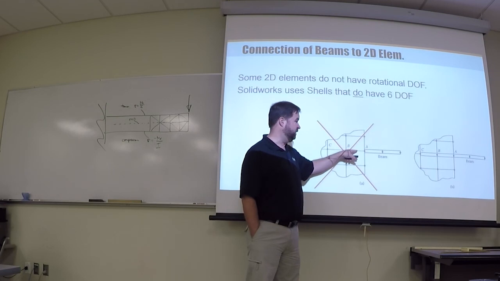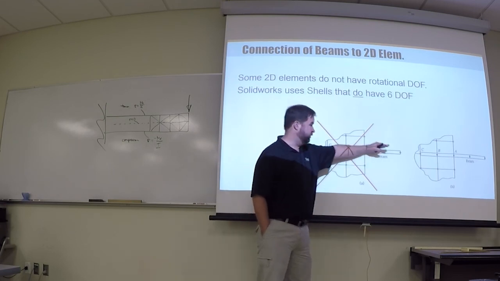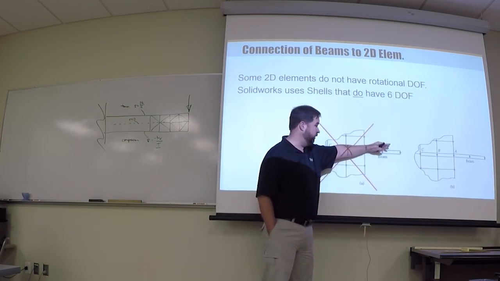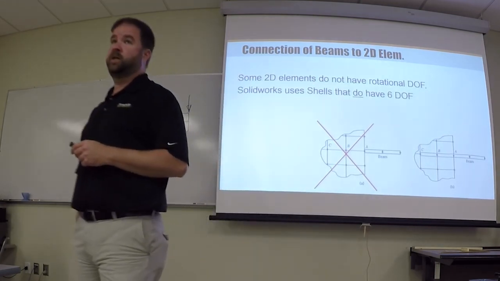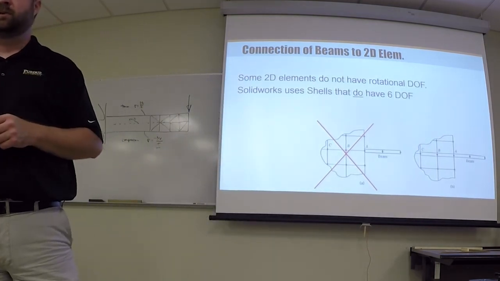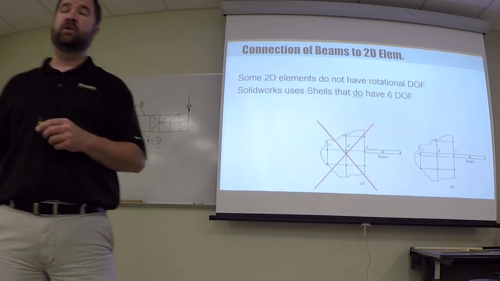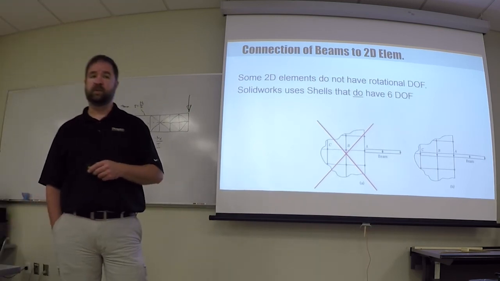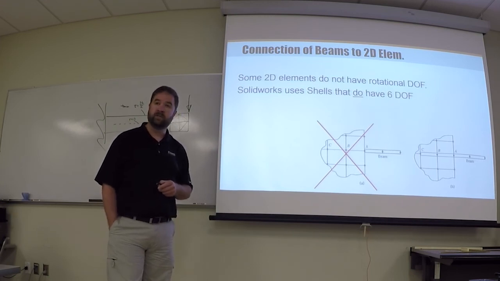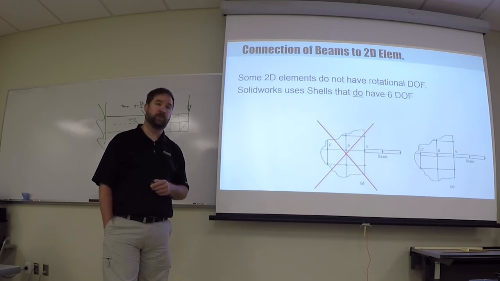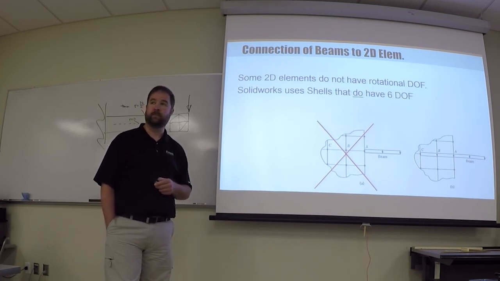And so if I attach this together as drawn, this thing is going to be like a trapdoor that just falls down because it does not have those rotational degrees of freedom restrained. So if you're getting weird results when you combine multiple element types together, consider what are the degrees of freedom that you might have. And do those elements support those degrees of freedom?